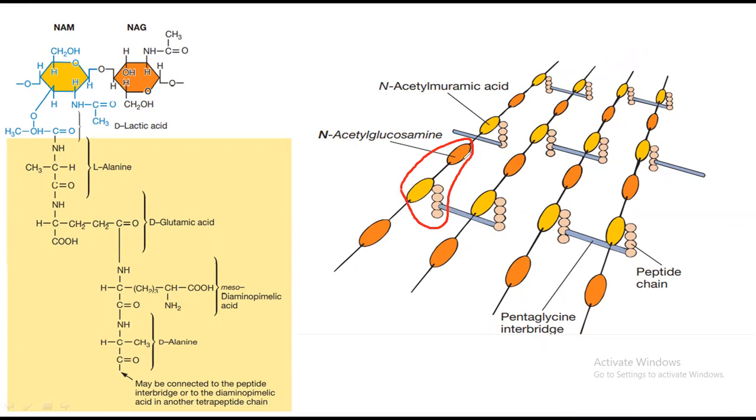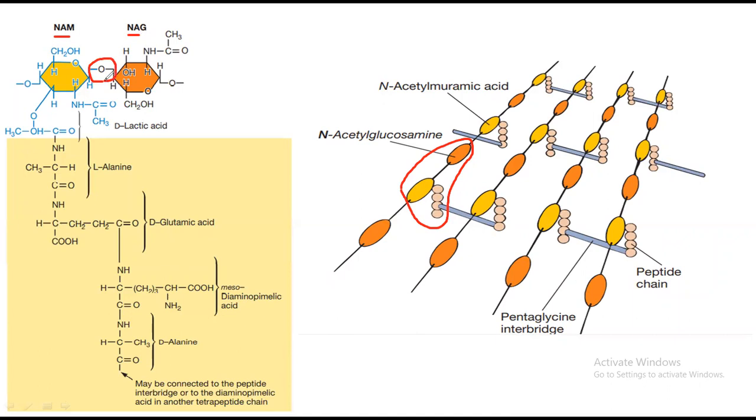This orange color is the N-acetylglucosamine, and this yellow color is the N-acetylmuramic acid. Basically these are glucose molecules, but a little bit modified. Different functional groups are added to these glucose molecules, and they are connected to each other by a glycosidic bond.